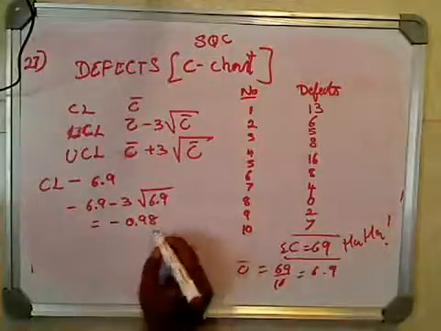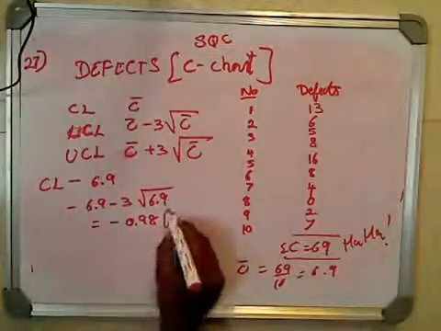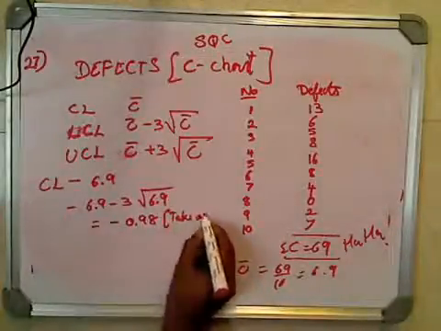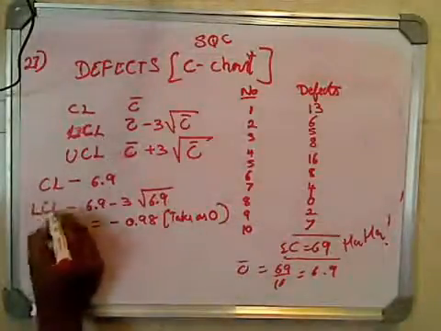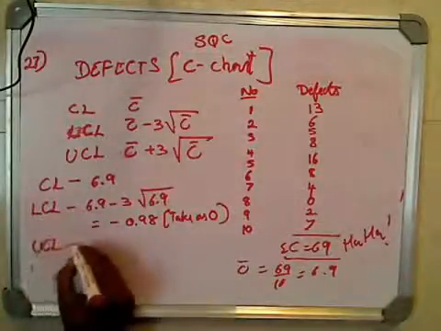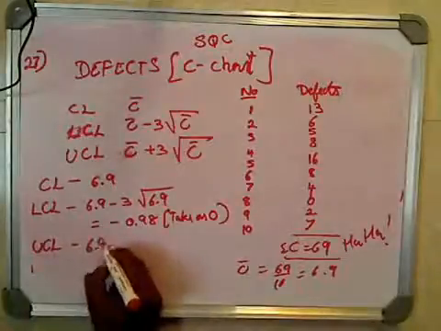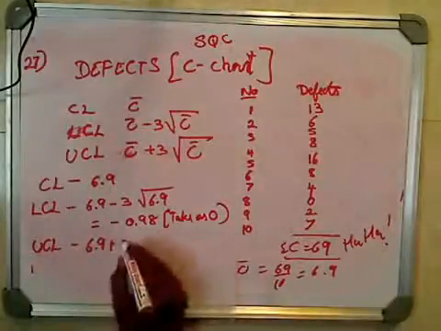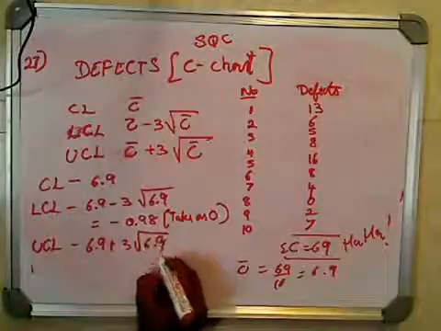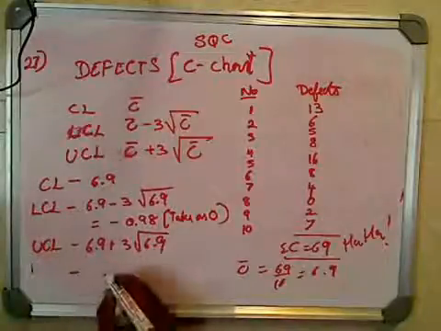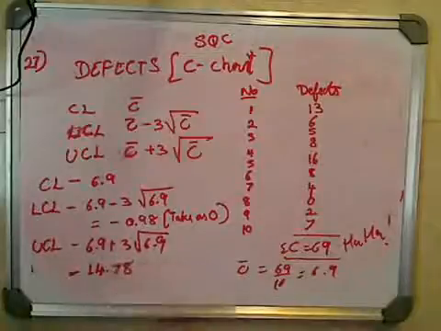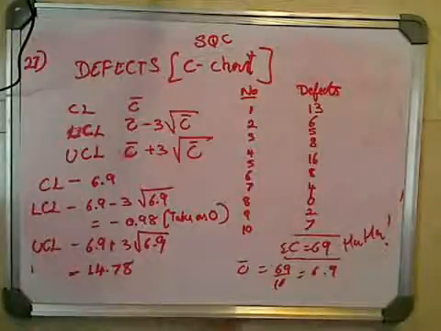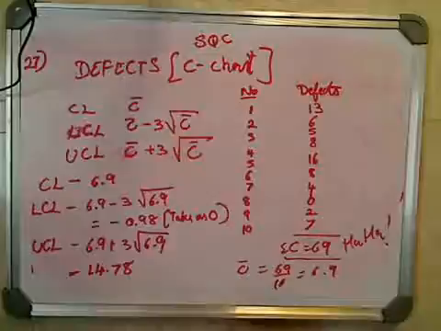Like I said, you can't have minus defects, so you take it as 0. The next that you have here, the upper control limit, 6.9 plus 3 square root of 6.9. This should give you the answer as 14.78. And let me double check if this verifies with the book, and it does.